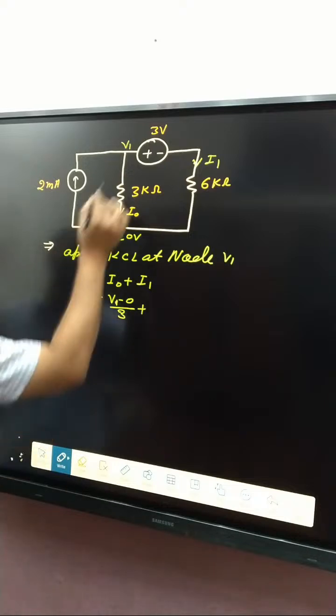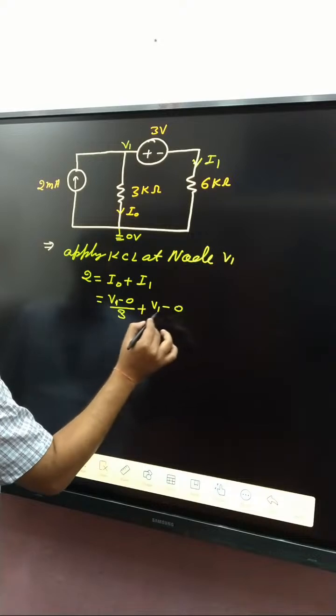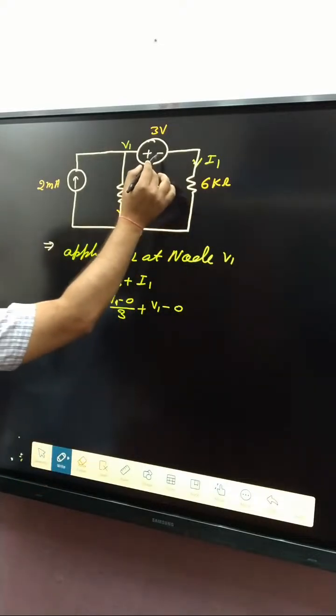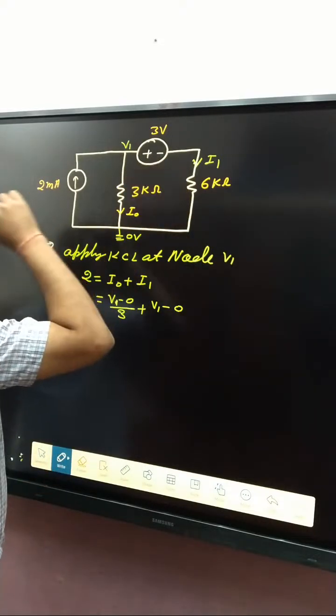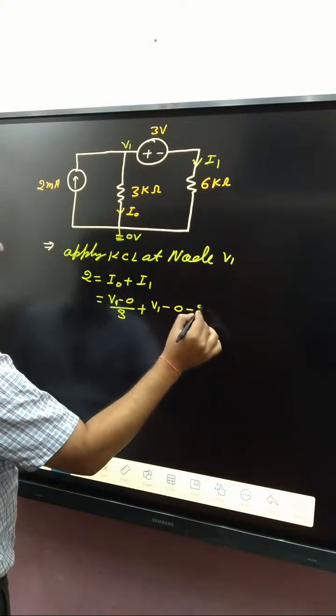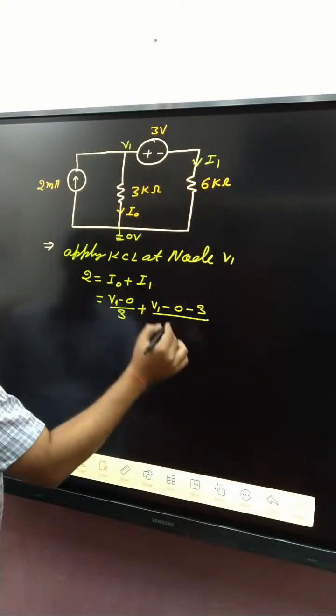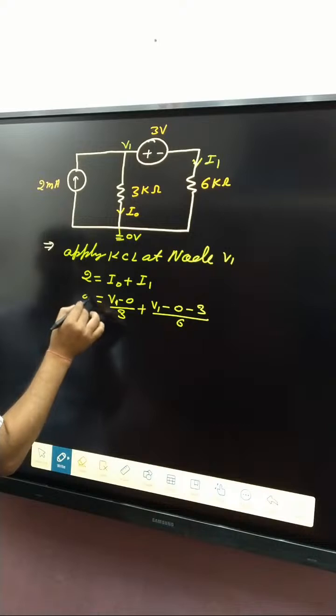I1 is V1 minus 0, current leaving from that one, and since a voltage source is available, the minus terminal gives minus 3 volt divided by the resistance in this path, that is 6.